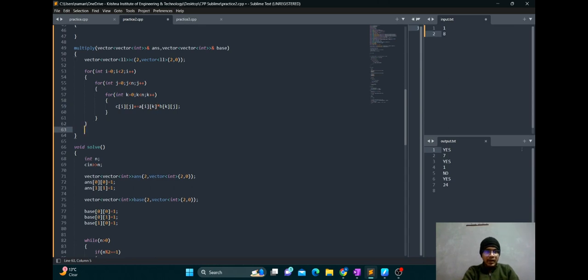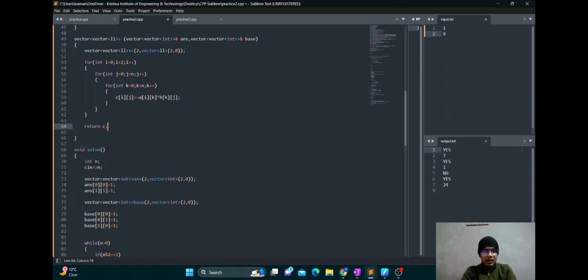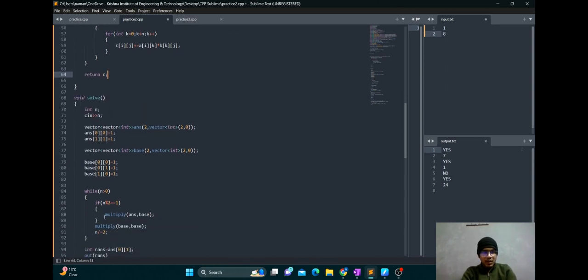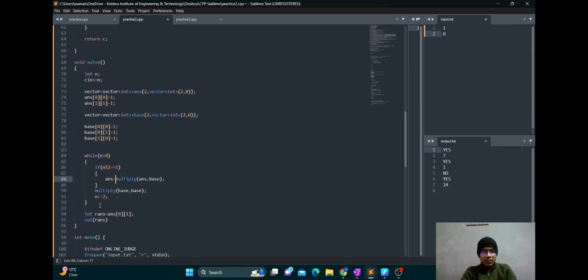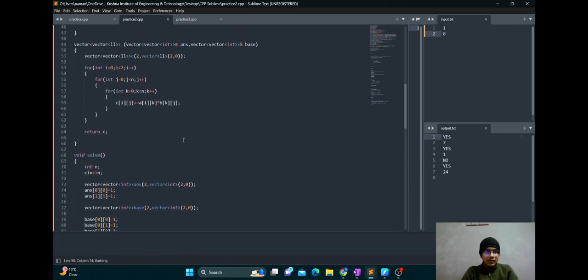At the end, let's return a vector from here: we return this vector C, make answer equal to this, and store that matrix in the base. Let's run our code and see if there is any mistake.